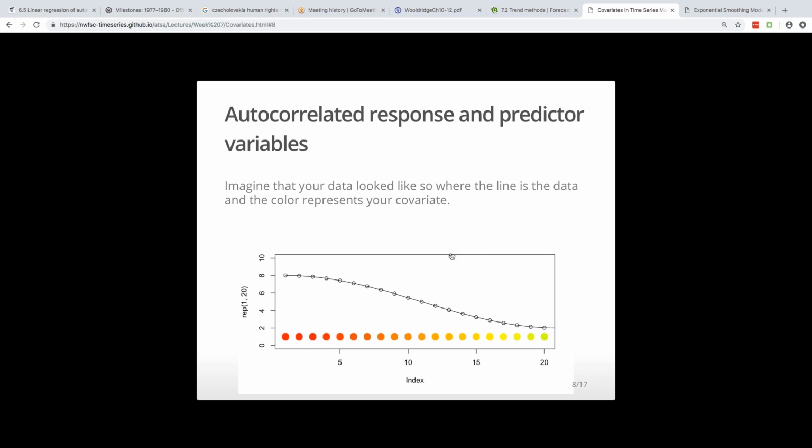I don't know a simple solution for this where you're doing a linear regression. What we're going to move into next is looking at autocorrelated models, where you include in the model that you try to predict this based on this plus this.